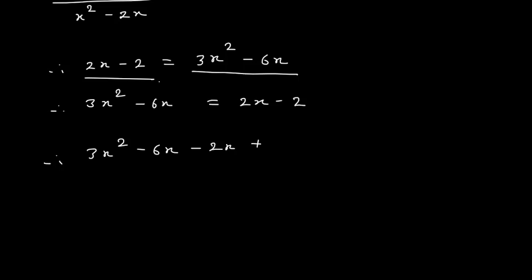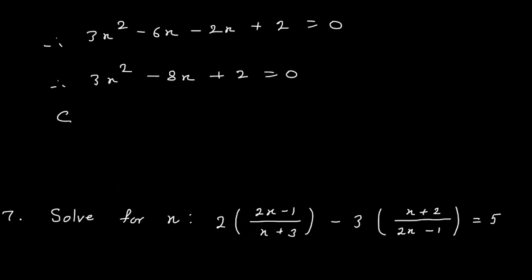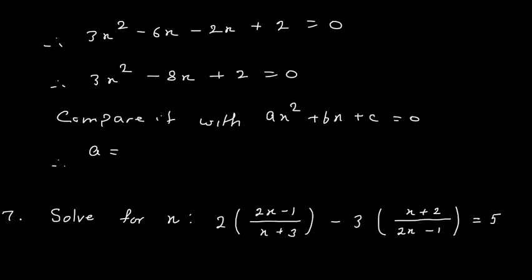Bring all on the left, plus 2 is equal to 0. So we have 3x square minus 8x plus 2 is equal to 0. Now here we will compare it with ax square plus bx plus c equal to 0. So after comparing, we get a is equal to 3, b is equal to minus 8, and c is equal to 2.